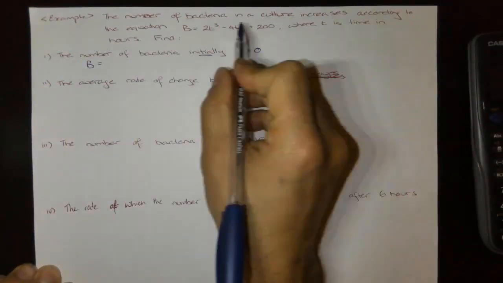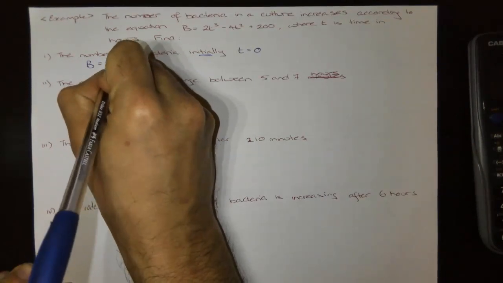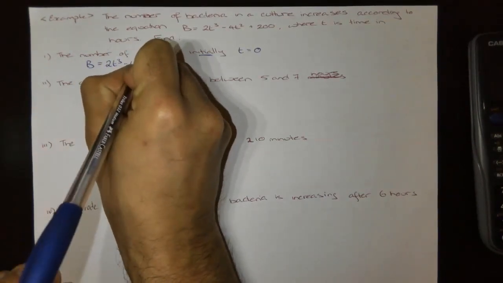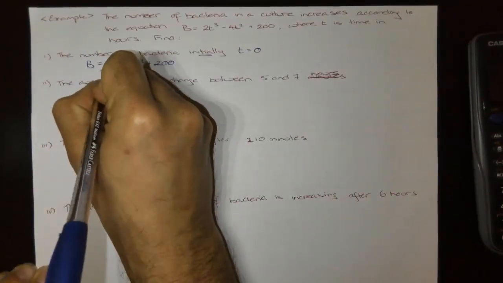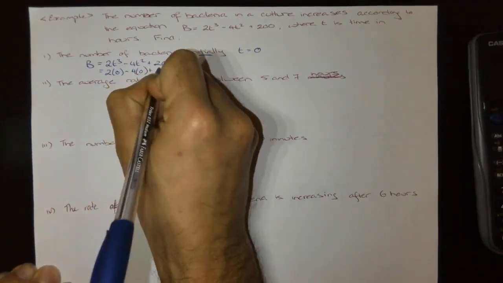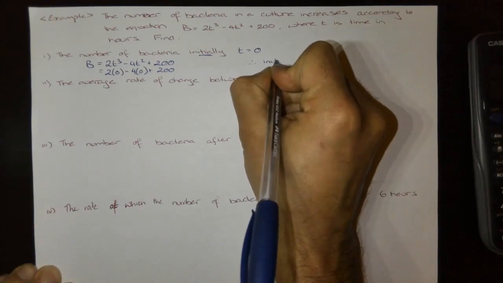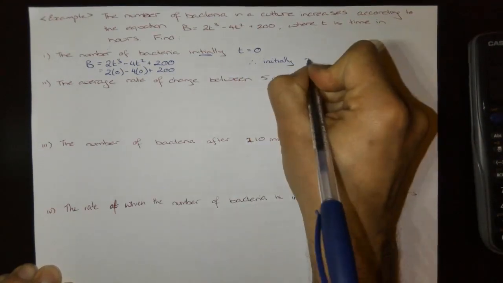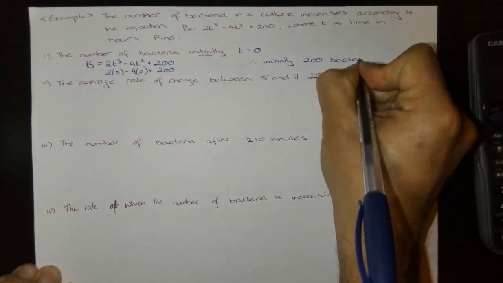If I plug in t equals 0 into the formula, I get 200. So there's initially 200 bacteria in the culture.